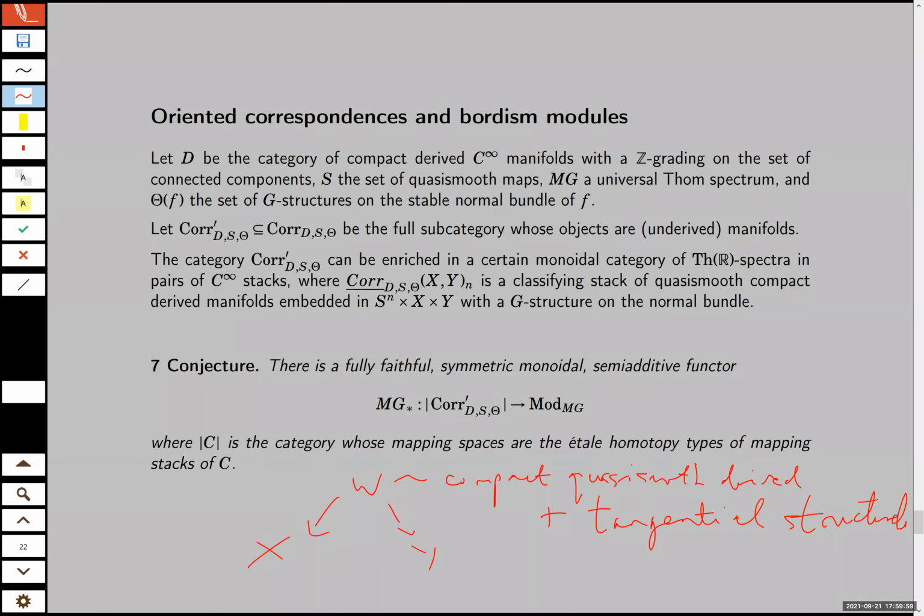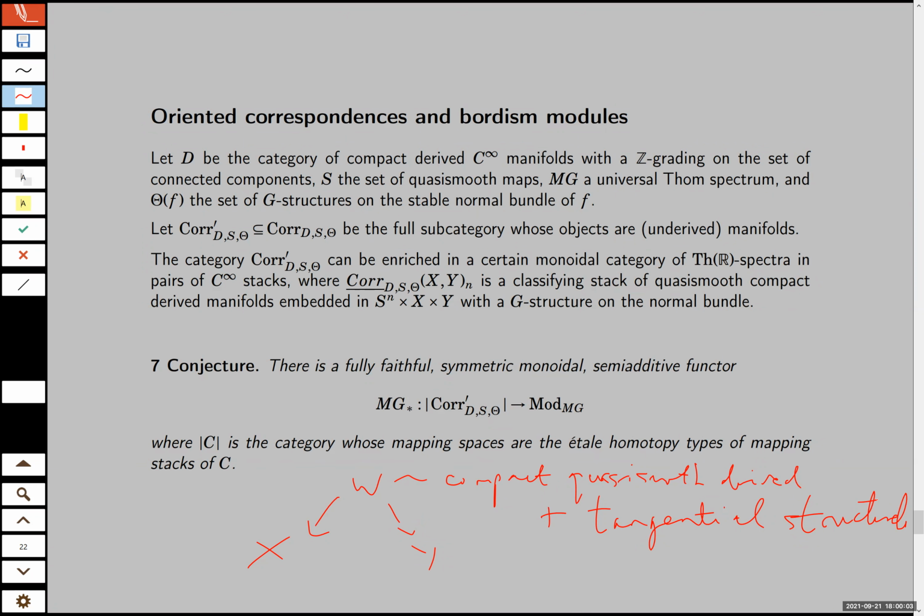So although I've tried to formulate this theorem so it looks formally very similar to the result in the previous slide, the main difference is that instead of localizing it, I'm going to enrich it and then take the homotopy type of the mapping stacks. But being differential geometric, the methods are probably totally different.